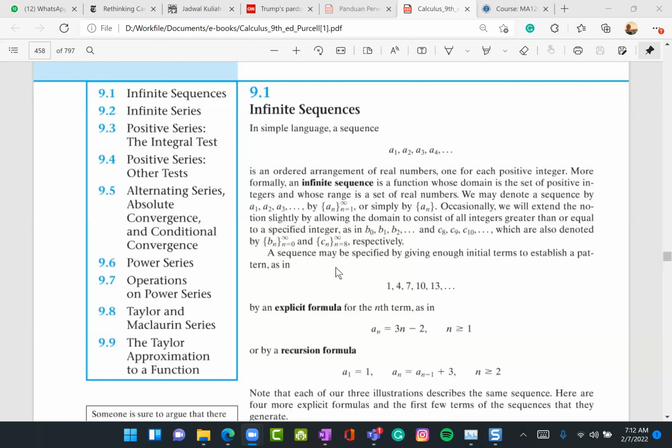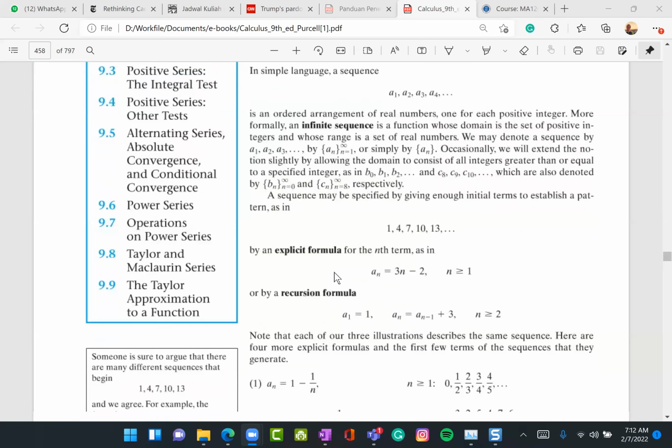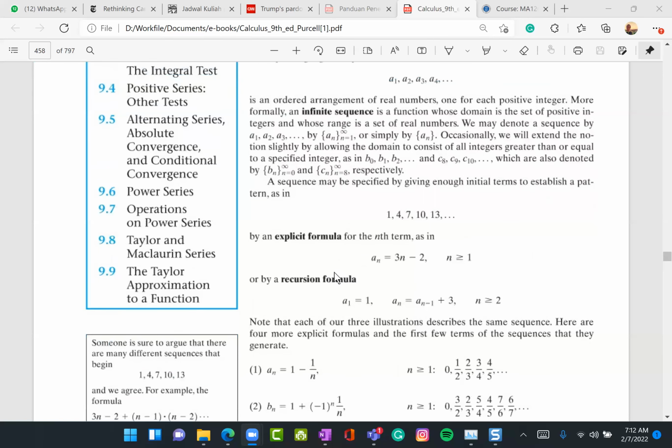Now, sometimes you write down a sequence by a formula. So this is the nth term formula of the sequence. Sometimes you just write down the first terms of the sequence: 1, 4, 7, 10, 13, dot, dot, dot.